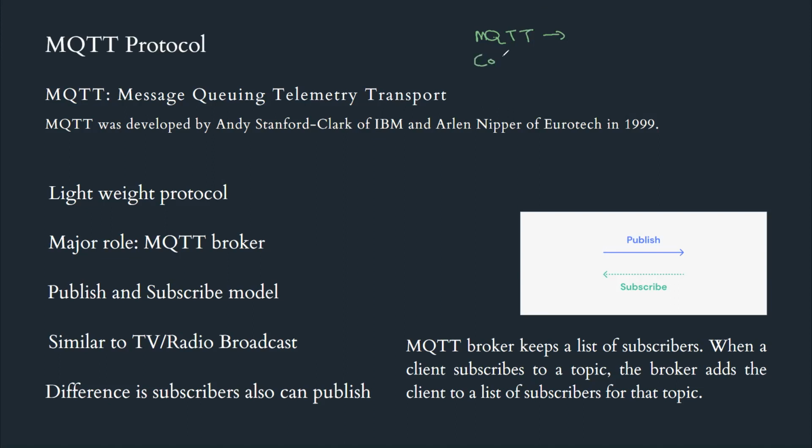Also, we'll be learning about another protocol called the 6LoWPAN protocol, which is used for IoT specific applications and other applications as well, but it is useful for IoT networks.